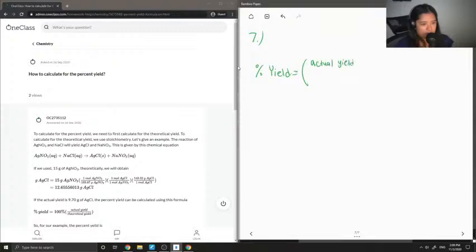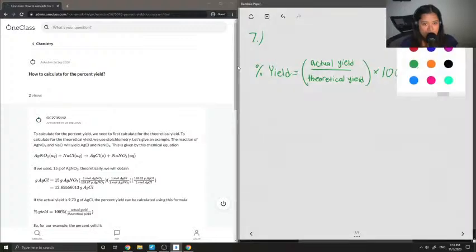And by actual yield, I mean like the mass that you obtain in your actual experiment. So your actual yield will be divided by your theoretical yield. And then this value is multiplied by 100% to convert to percentage.